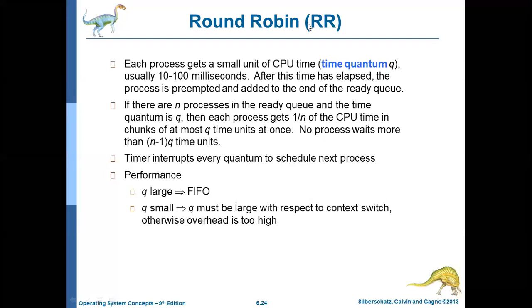If there are n processes in the ready queue and the time quantum is q, then each process gets 1/n of the CPU time. Means no process waits too long in the queue. In round robin scheduling, we have to use the circular queue implementation.